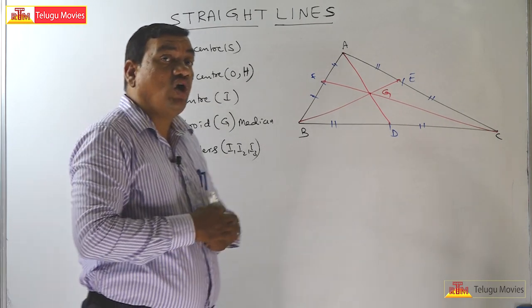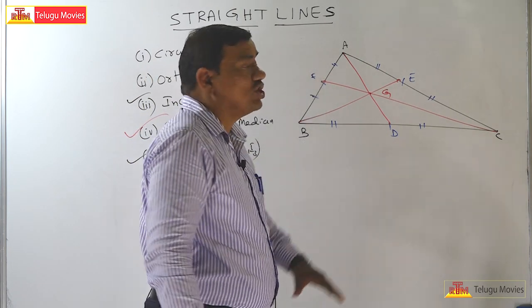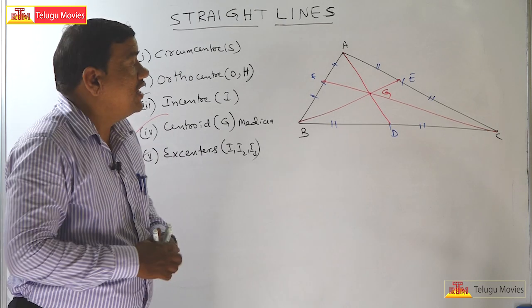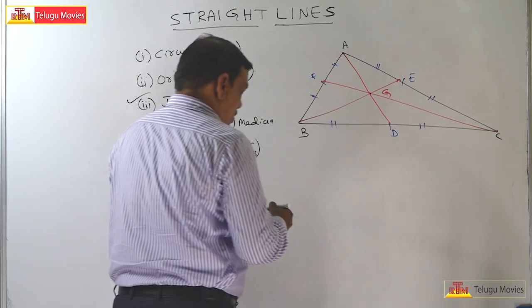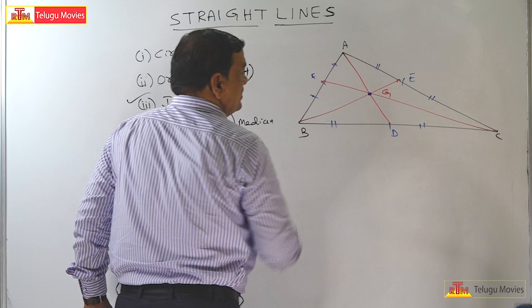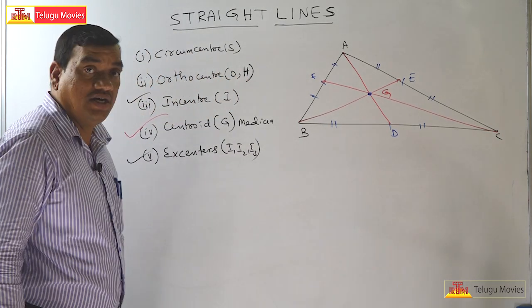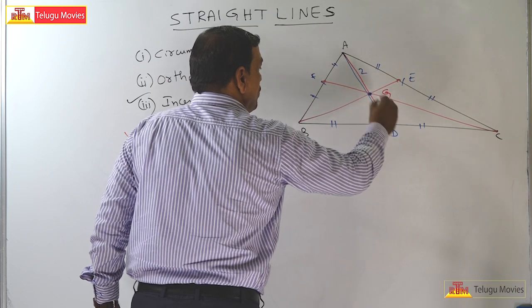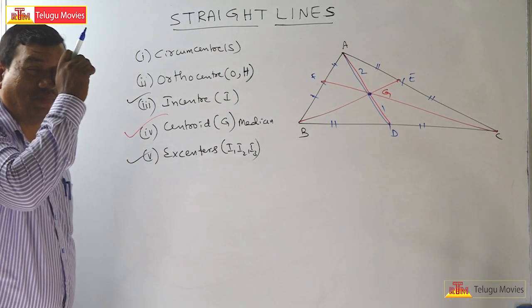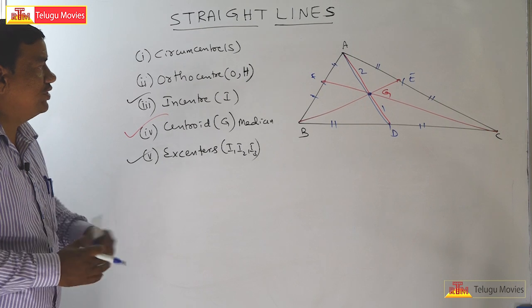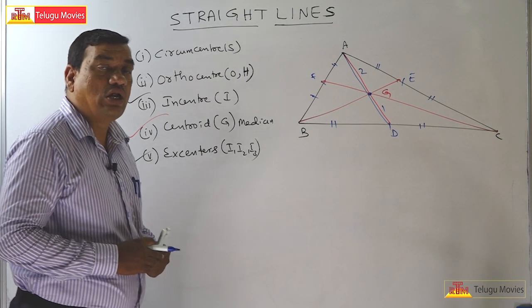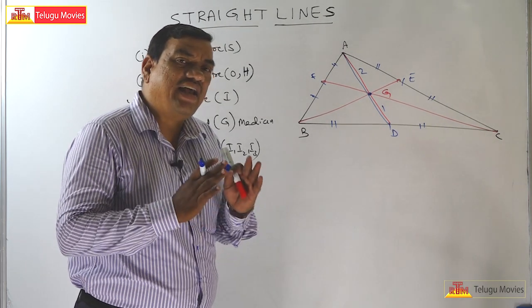That means the point of concurrency of the medians of a triangle is called the centroid. Here we have to know a very, very important point: the centroid G divides the median AD in the ratio 2:1. To find the centroid, there is also a very clear explicit formula.